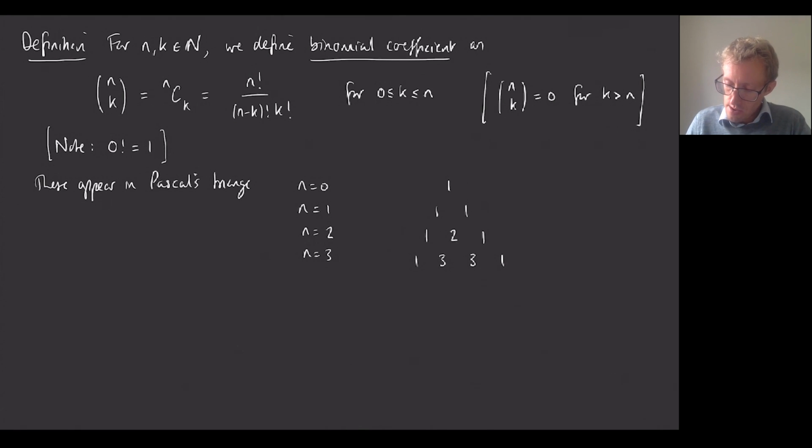So I'm going to call this result a lemma. You may have not come across the word lemma before. We use lemma to mean a result that's going to be useful for proving some later theorem or proposition. It's usually something that's not particularly interesting in itself.